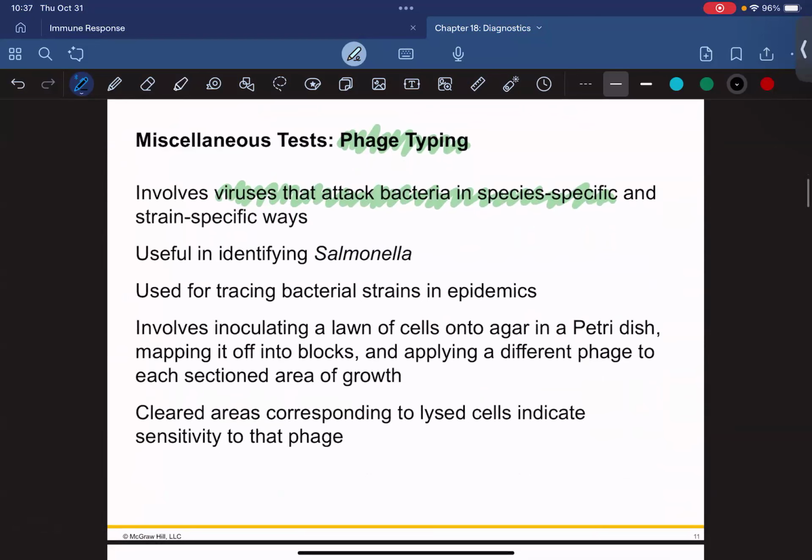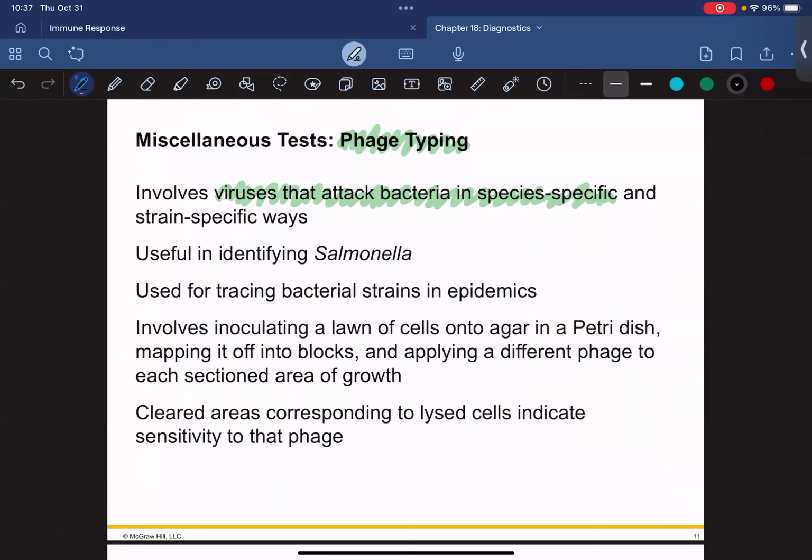We also don't use a ton of phage typing for identification, and this is really only useful for certain kinds of bacteria as well. They use this for Salmonella. If you get Salmonella poisoning, there are so many different kinds of Salmonella out there. It is nuts. Most of the time, if you're sick with Salmonella, you have Salmonella enteritidis, which is a very general species name.